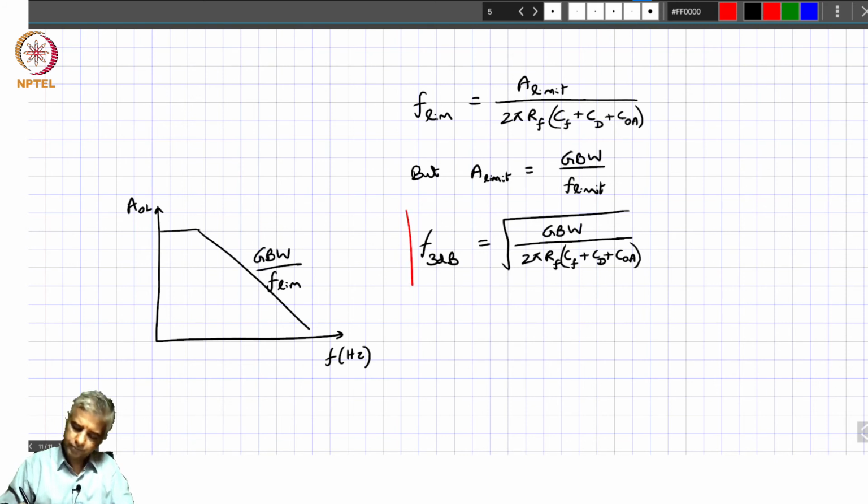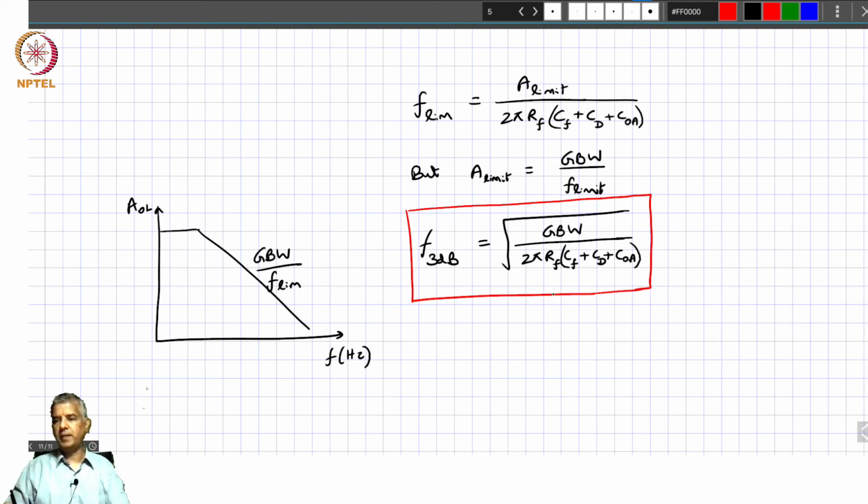So effectively your 3 dB bandwidth is going to be limited by the gain bandwidth of your op amp, and of course you also have a limitation with respect to the RF and CF, CD.